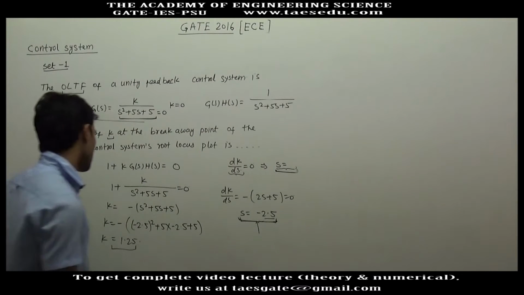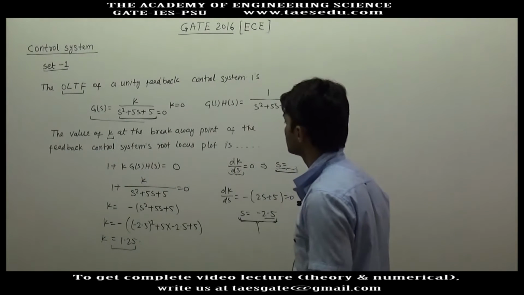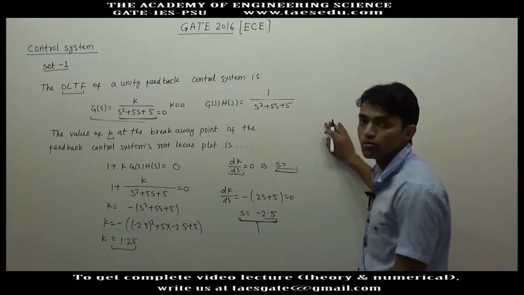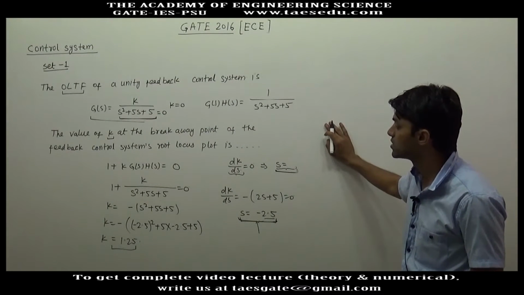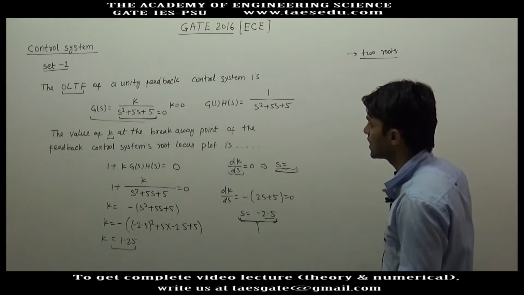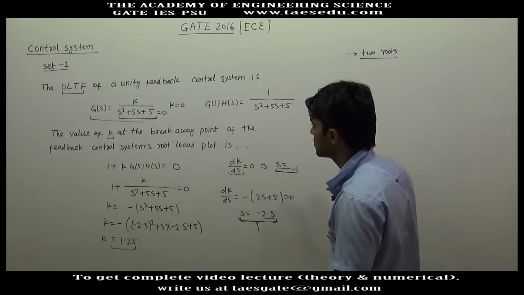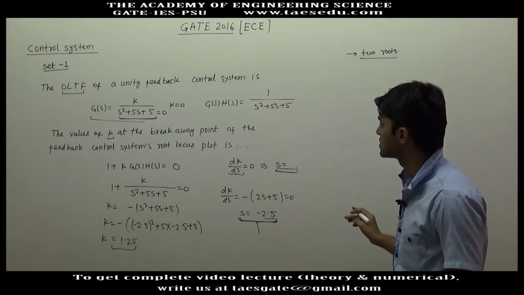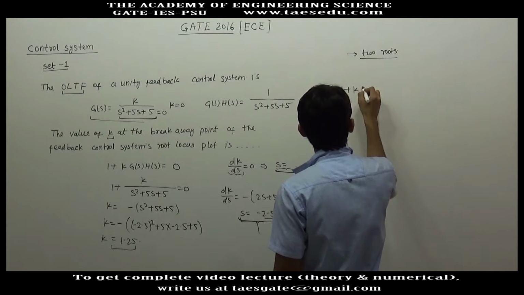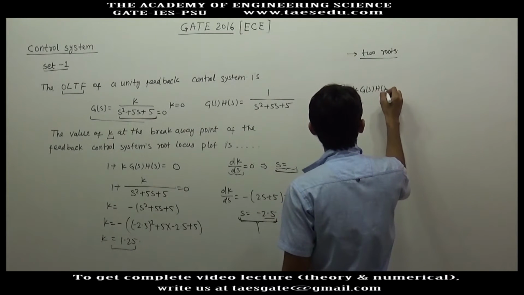There is another method to find the breakaway point. Since this is a second order system, in the closed loop system you will have only two roots. And what will be the characteristic equation? The characteristic equation will be given by 1 plus KG(s)H(s).